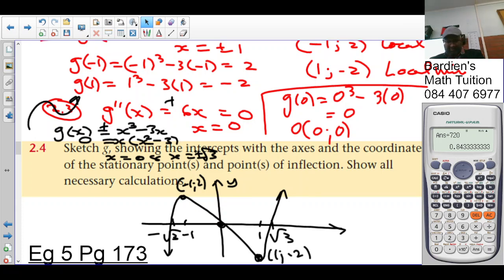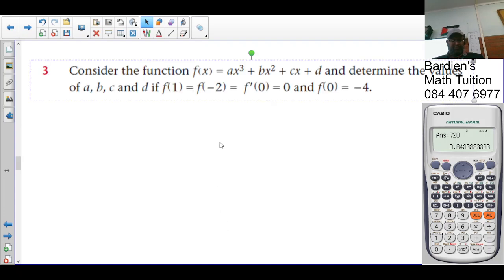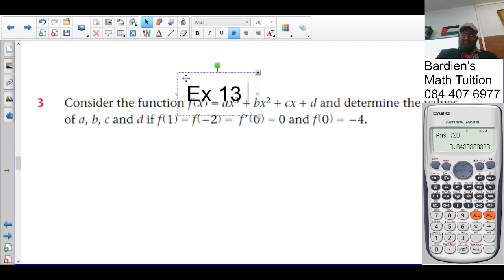Okay, so let's pull 3 out quickly. So this was exercise 13, page 174.